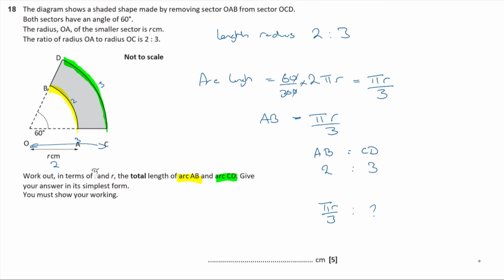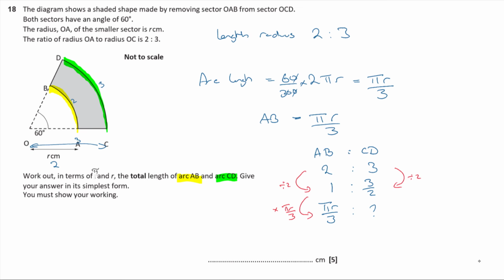Well, I'm going to use the unitary method, which I do with ratios. If I want to go from 2 to that, then I'm going to go via 1. So to get there, I'm going to divide by 2 and then times by pi r over 3, aren't I? So doing the same thing on this side, 3 divided by 2 is going to give me 3 over 2.